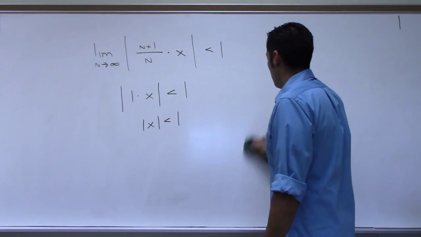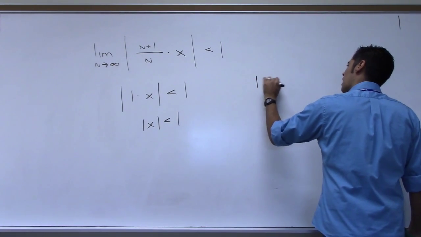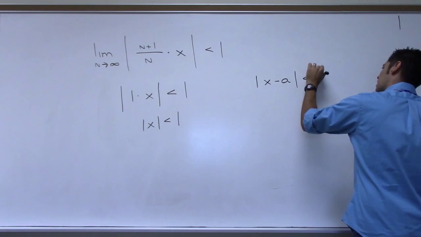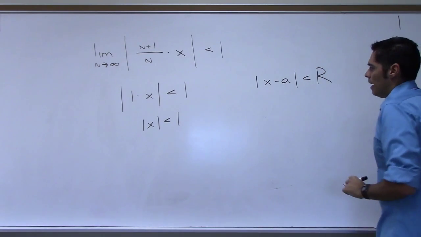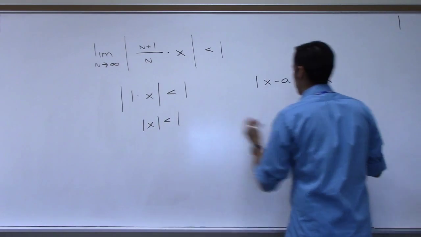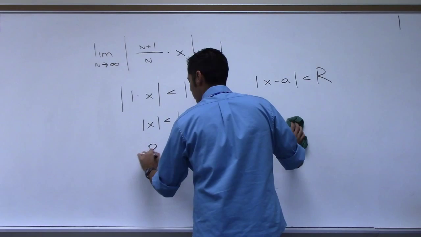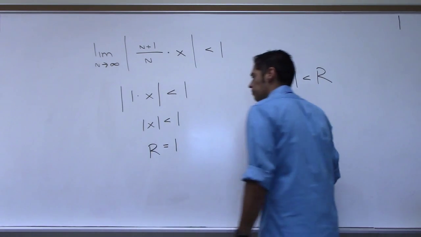So remember, to find your radius of convergence, you're looking for something like the absolute value of x minus a less than capital R. And in this particular problem, a is 0, right? So that means right now my radius of convergence is 1.